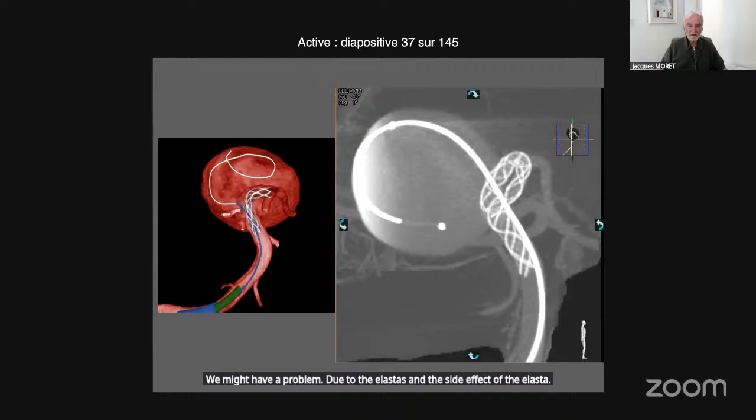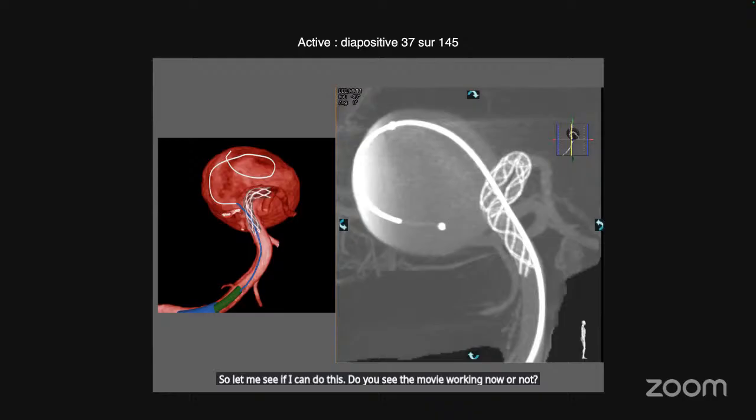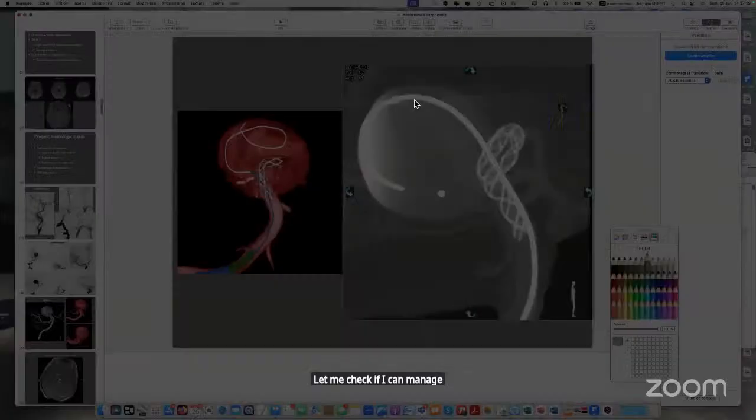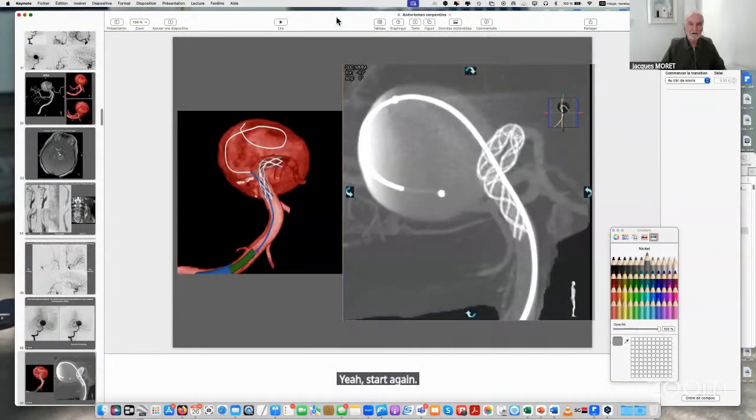So let me see if I can do this. Do you see the movie working now or not? No. Okay, so maybe I have to stop the copy of the screen. Let me check if I can manage this.